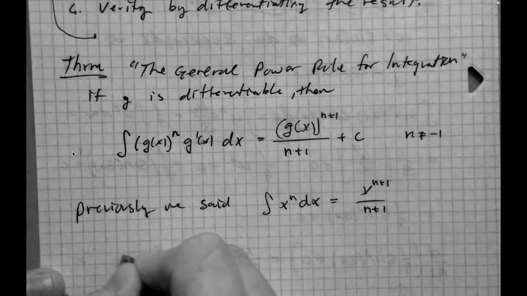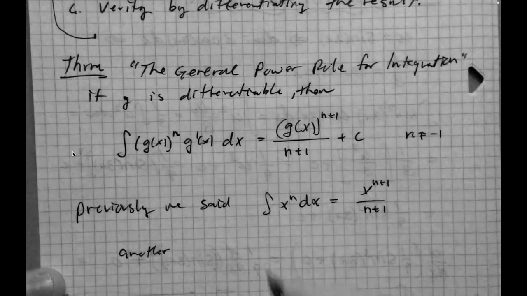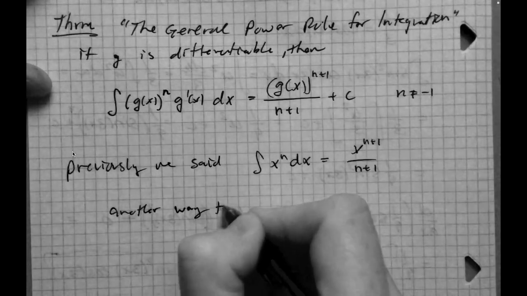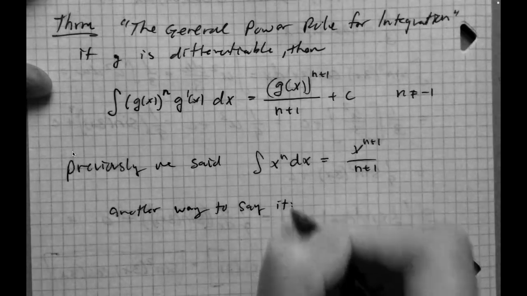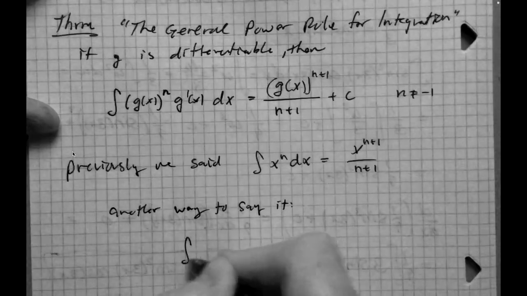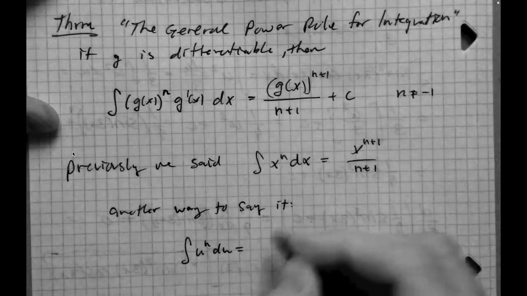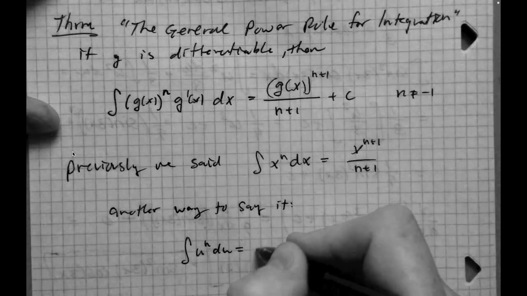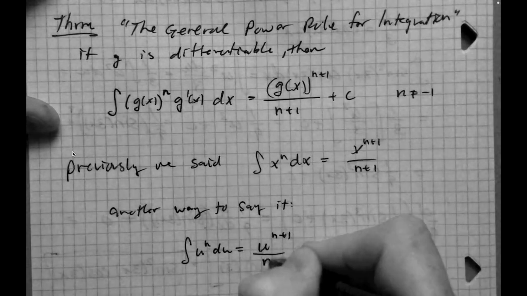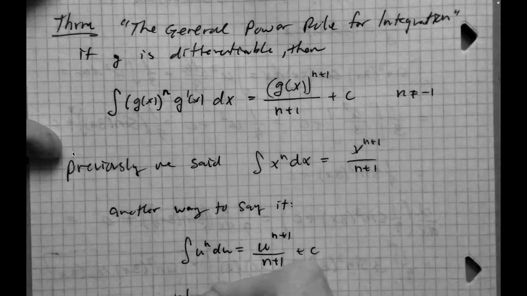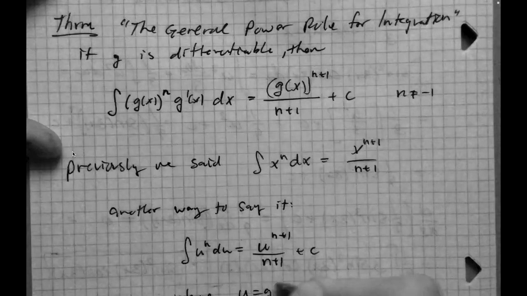So another way to say it, using the u substitution language, is to say that the integral of u to the n du is equal to u to the n plus 1 over n plus 1 plus c, where u is equal to g of x.